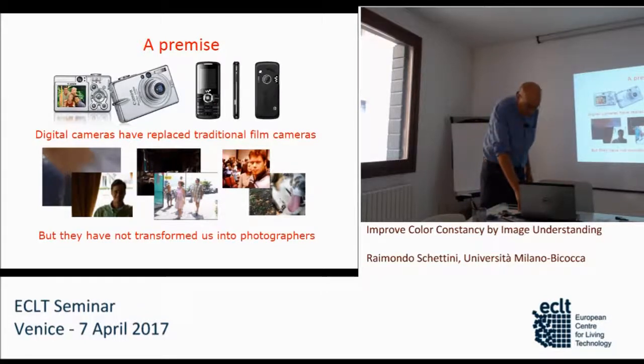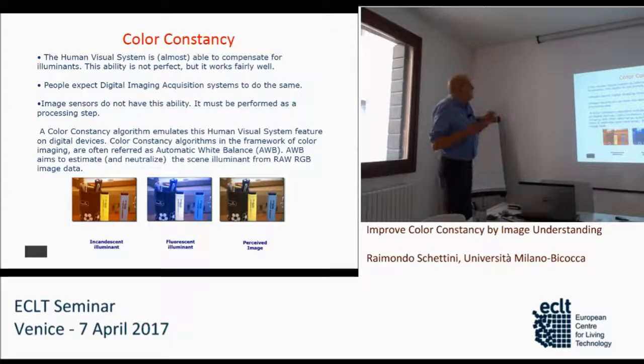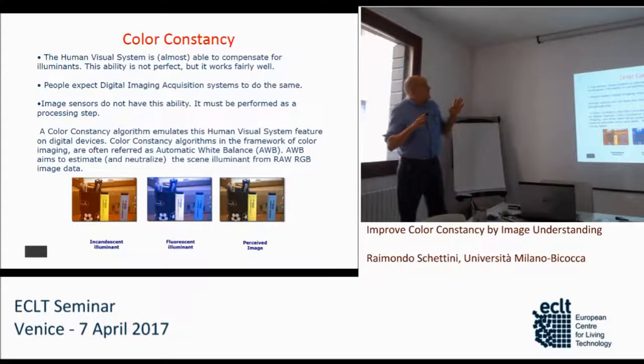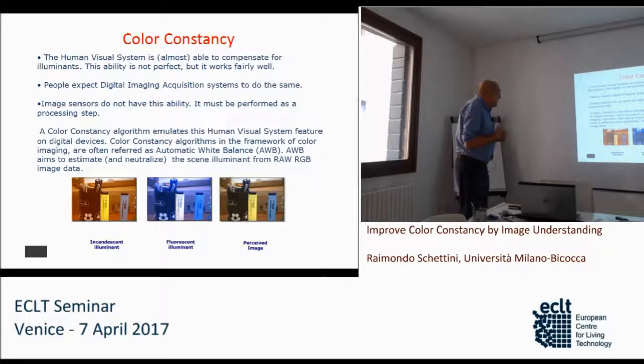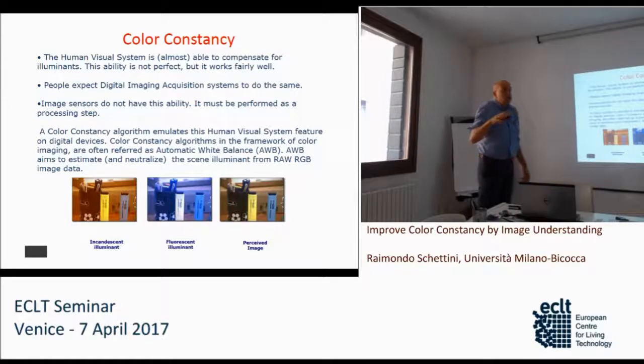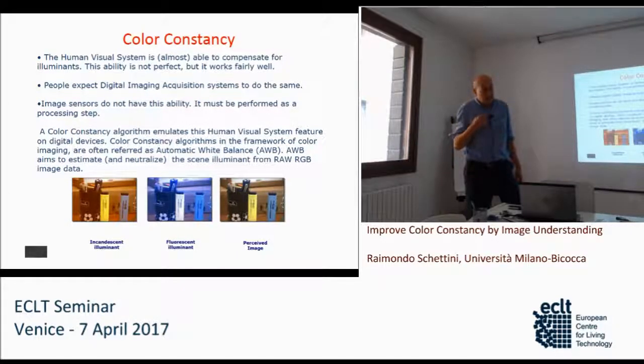What I'm going to talk about today is, first of all, to try to clarify what the difference is between automatic white balancing and color constancy. Color constancy is commonly used as a term for indicating the capability of both human perception and computer vision systems to discount the illuminant.